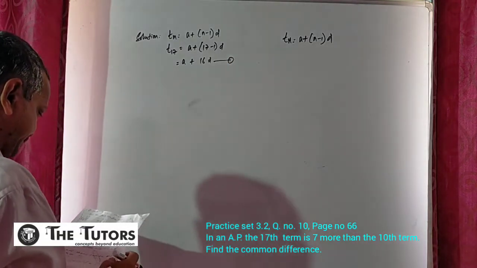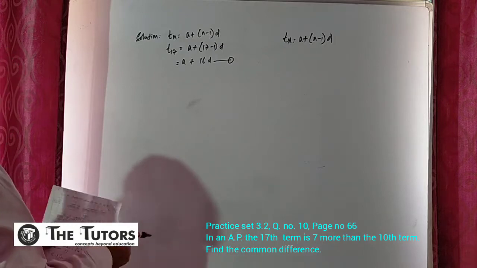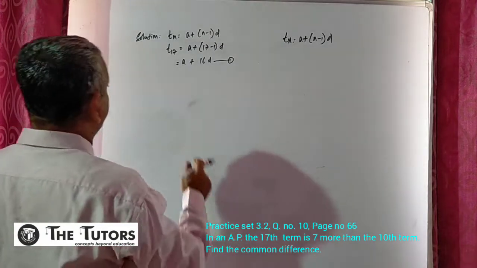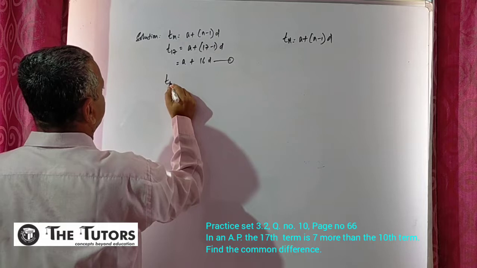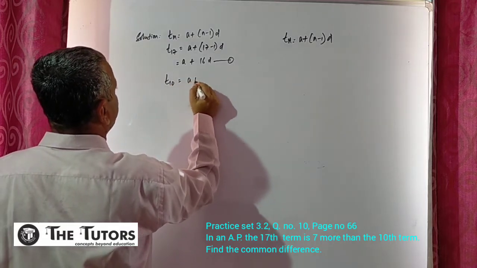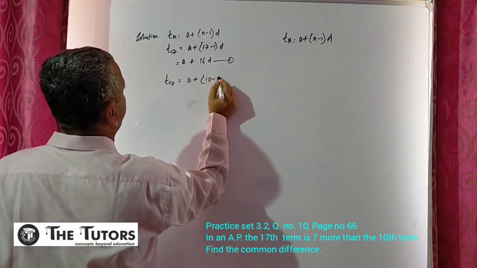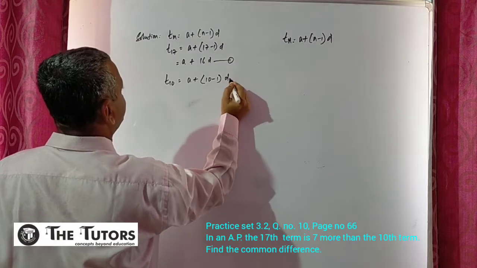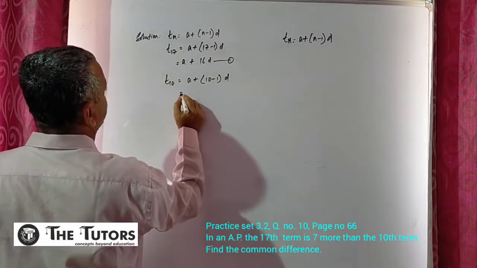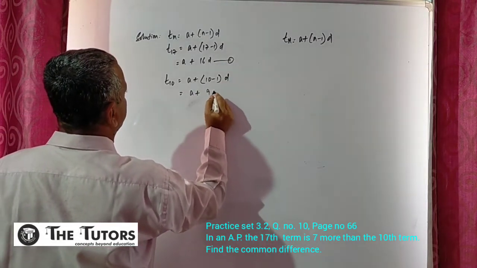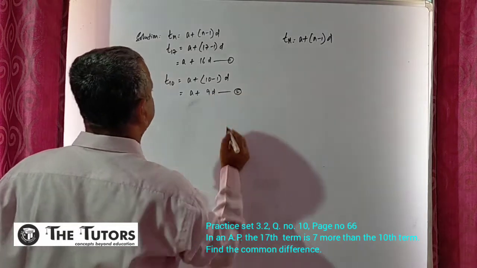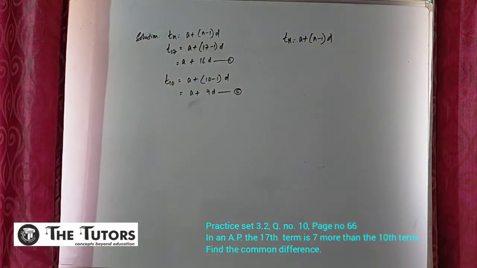Then you have the 10th term. T10 is equal to a plus 10 minus 1 d. This is equal to a plus 9d.